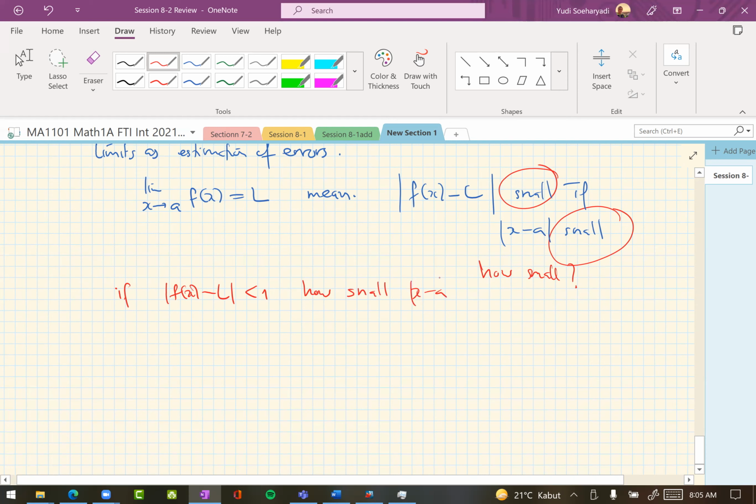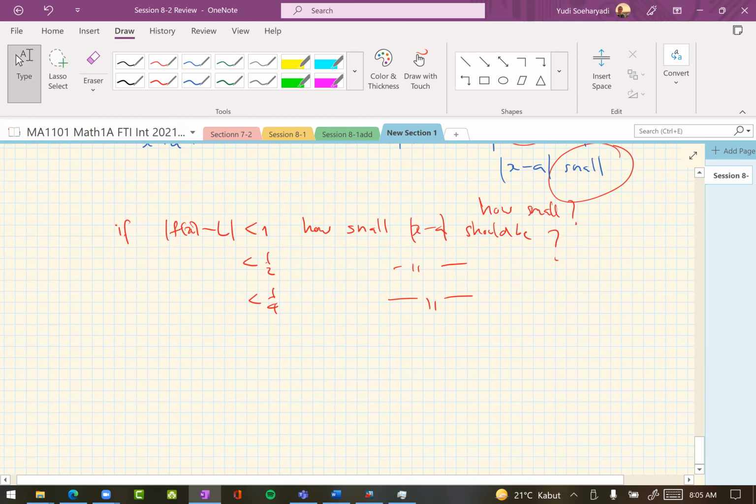Or 1/2, same question, say 1/4, same question. So usually the problem is estimating this one.